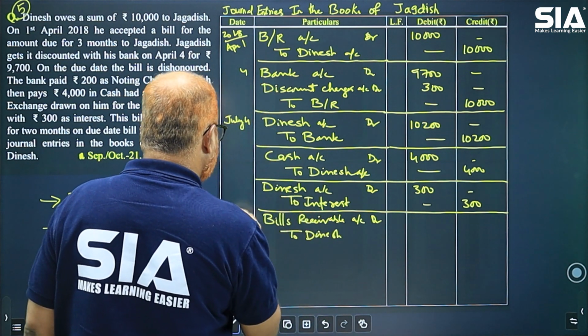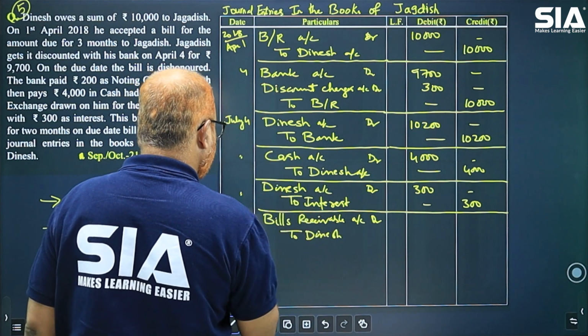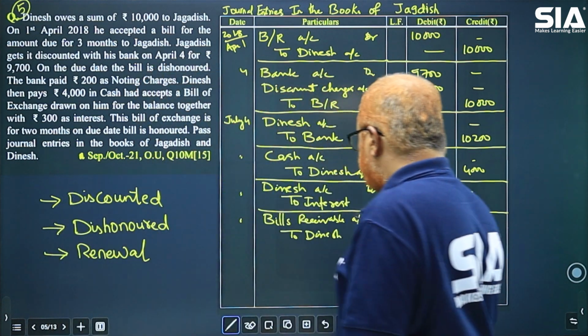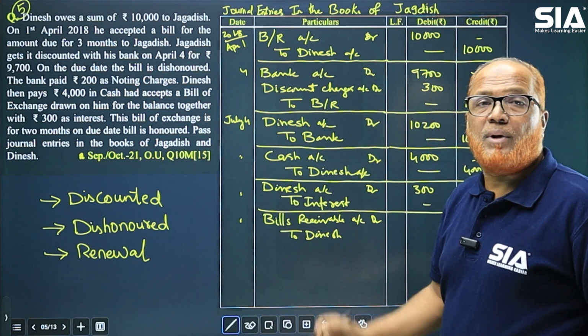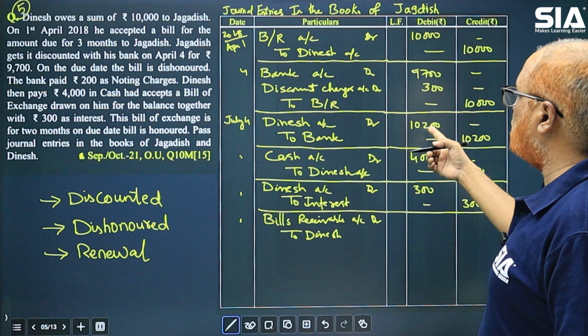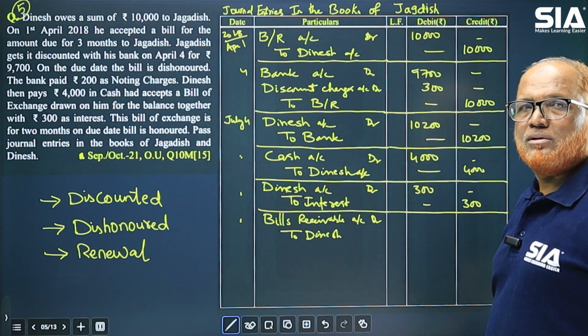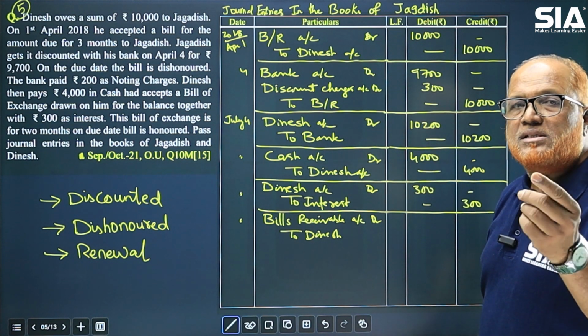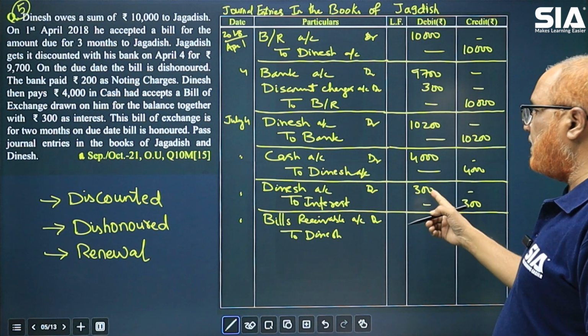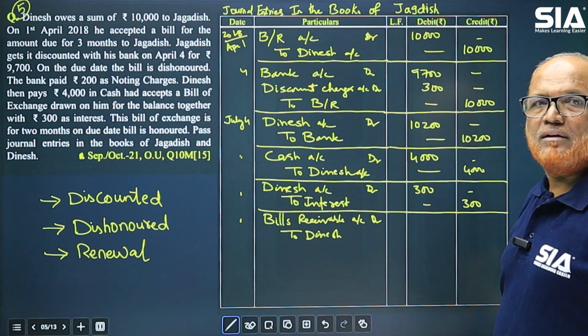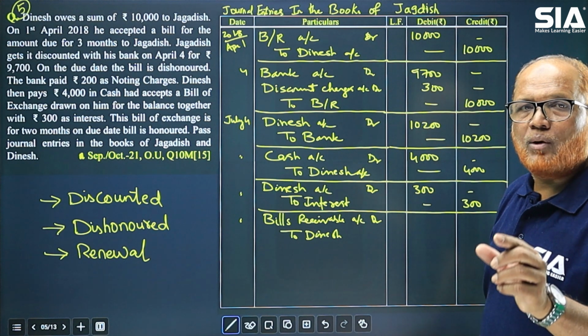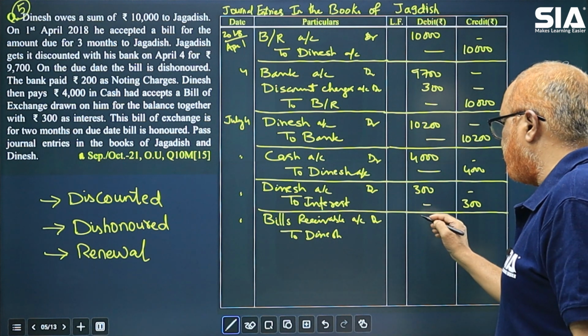This is on the same date, July 4th. How much is the amount? Out of 10,200, he has paid 4,000. So 6,200 plus 300, 6,500. So the new bill amount is 6,500.